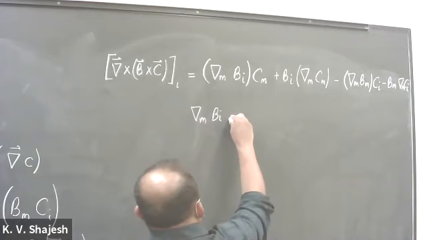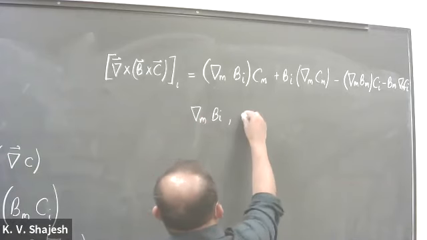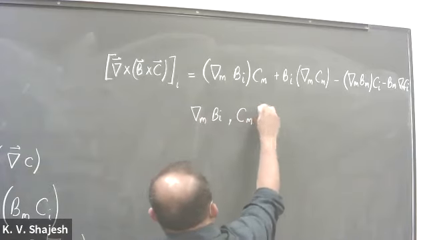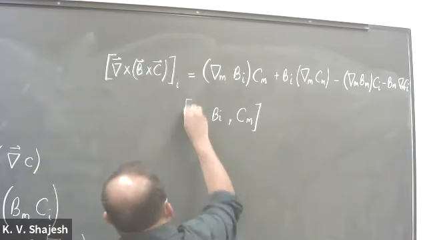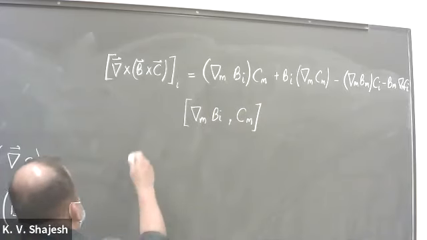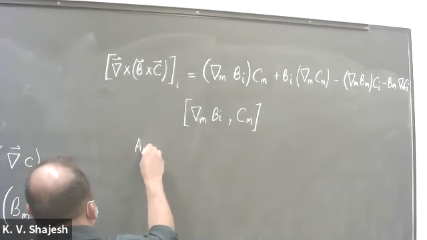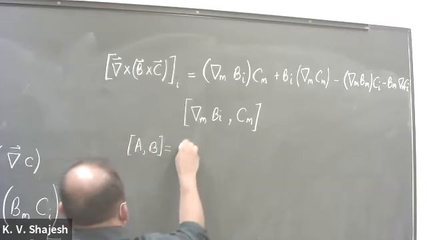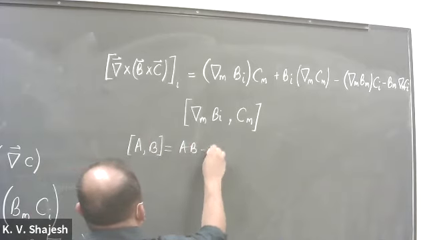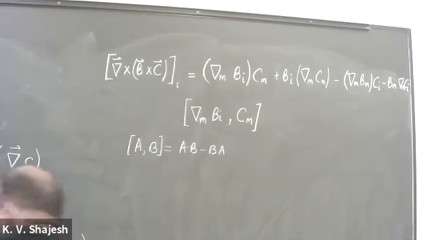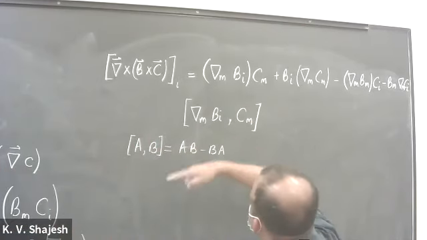So that object, let's say what this is with respect to Cm. So this comma means, now there's a bracketed quantity I've introduced. If you're seeing quantum mechanics, what this means is that this notation is commutation relation. A comma B means A times B minus B times A. So when I did this there, I moved this.